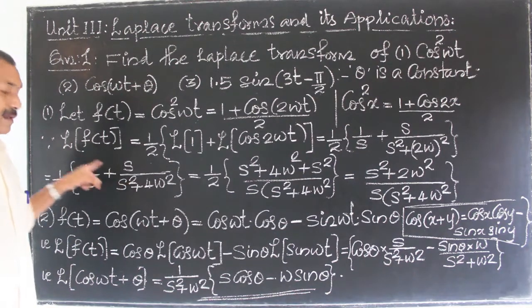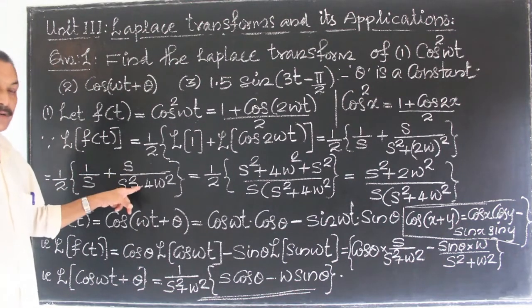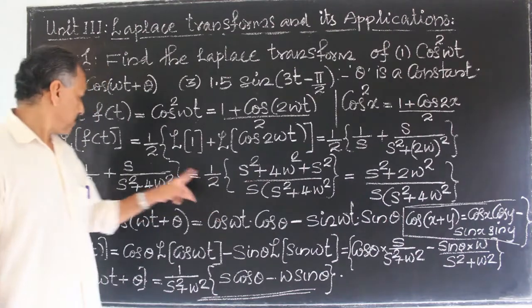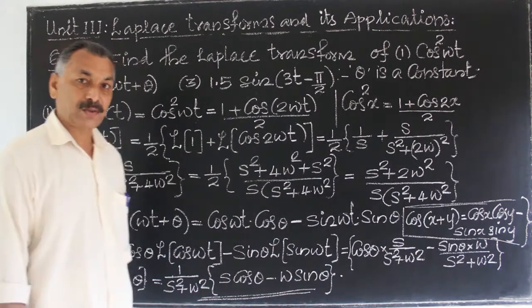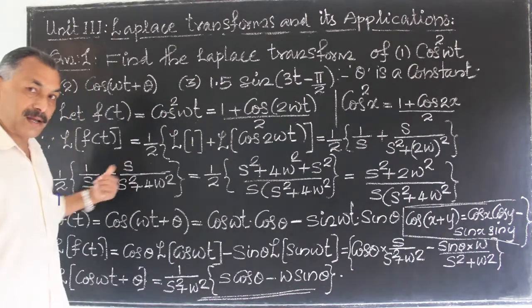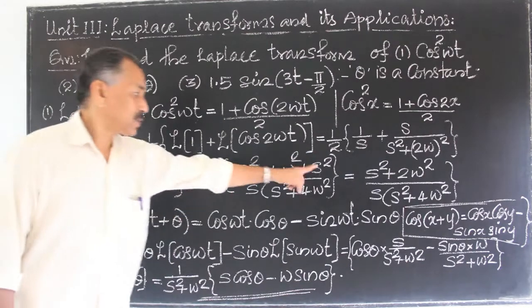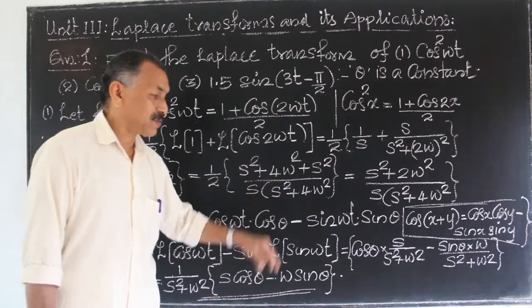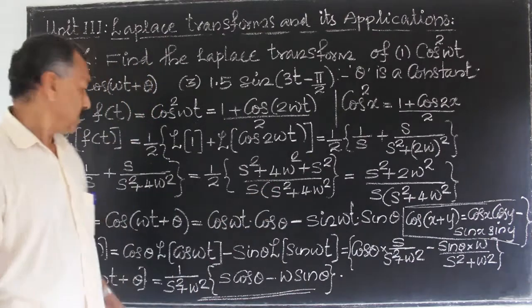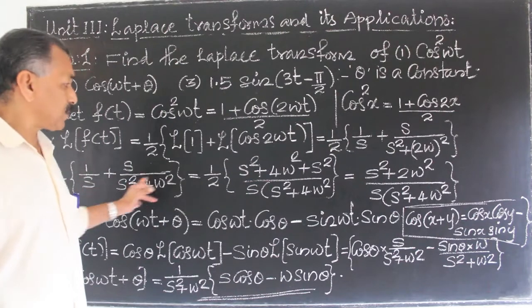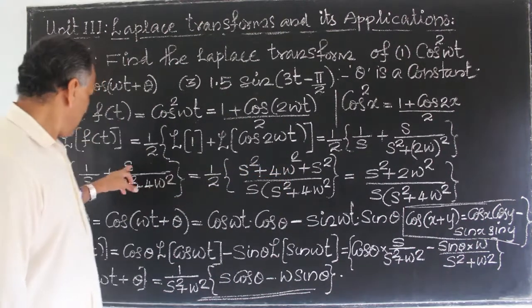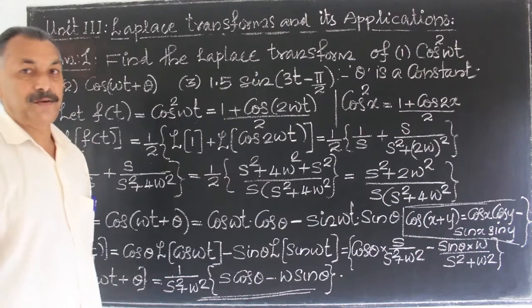Now cross multiply: 1 into s square plus 4 omega square, plus s into s, divided by s into s square plus 4 omega square.